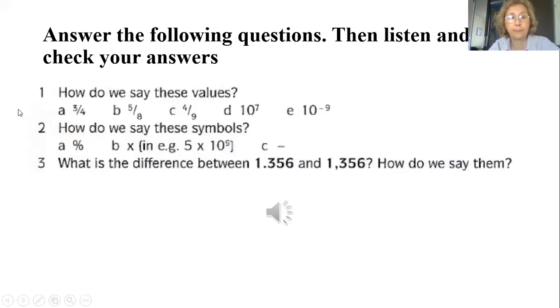Okay, I'll try. How is a fraction read? 3/4. Дробь is fraction? No. So 3/4.